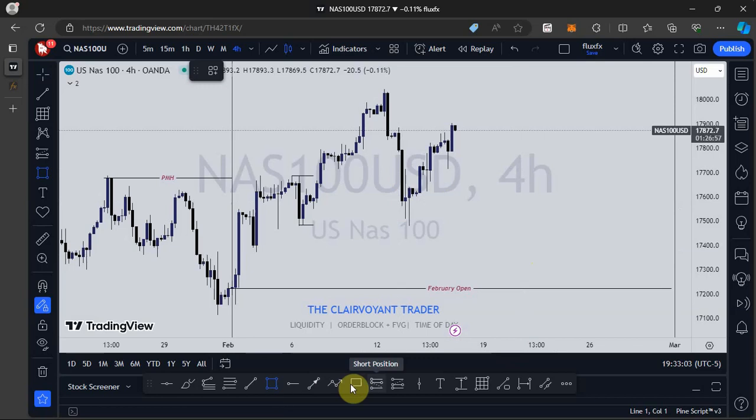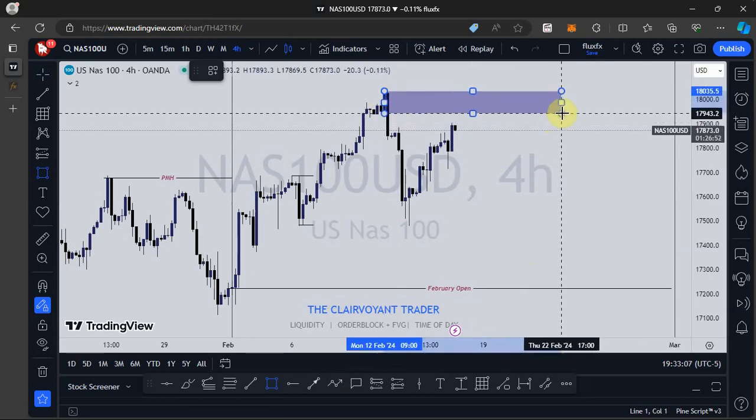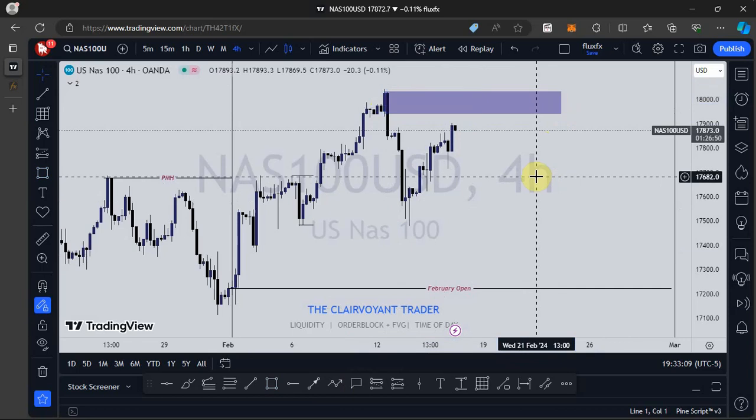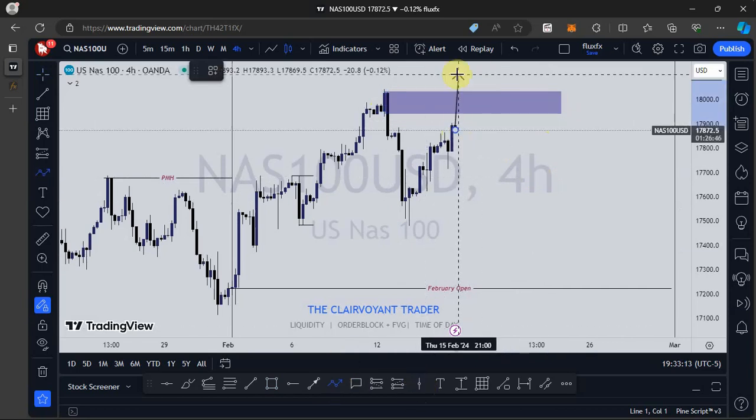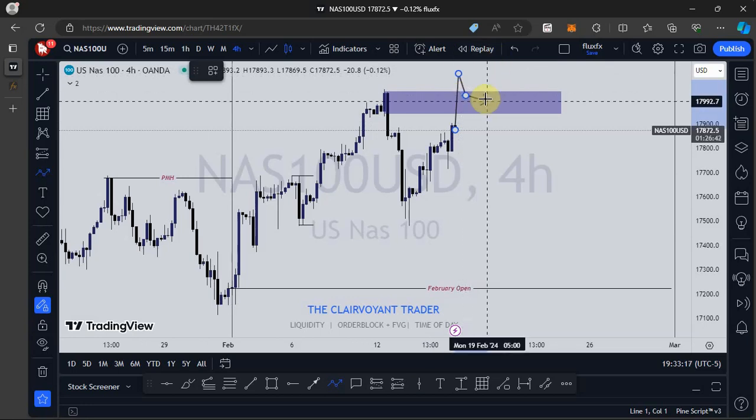But I'll be really convinced that NASDAQ will continue to push to the upside if it violates this bearish order block we are seeing here. If price is able to violate this bearish order block and close above it, that is where I will start putting in my long-term longs for NASDAQ.